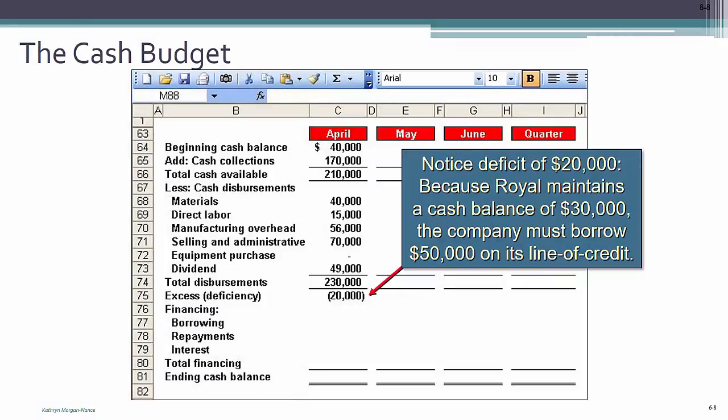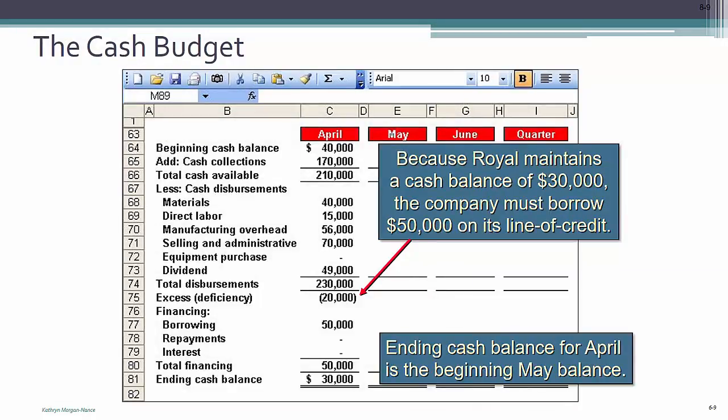The third step is to calculate the excess, or the deficiency in this case, of cash available over disbursements. In the month of April, we expect to have a cash deficiency of $20,000. Note that Royal has a policy that the company will always maintain an ending cash balance of $30,000. We arrive at April's deficiency amount by subtracting total disbursements of $230,000 from the cash available of $210,000.